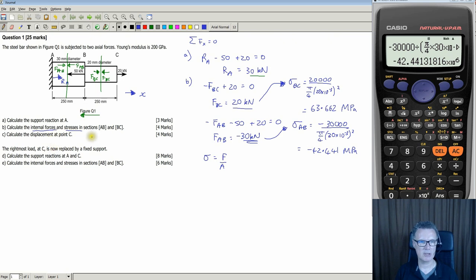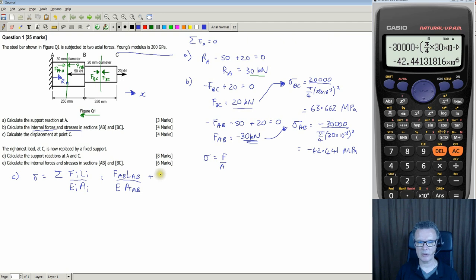Now for C, for the displacement. I want to refer to your formula sheet here, but displacement is going to be the sum of internal forces and the lengths of their particular sections divided by the Young's modulus and the cross-section area of those particular sections. So we've got FAB, length AB. Our Young's modulus is just a constant 200, so I'll put that down as E. And area AB.